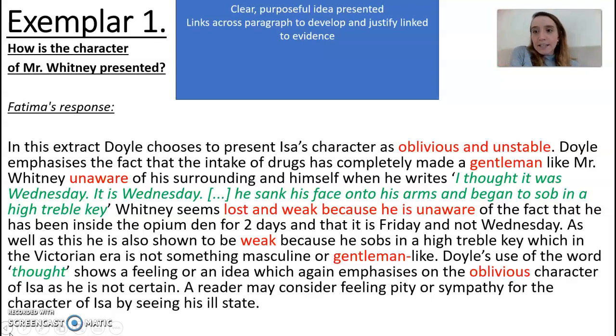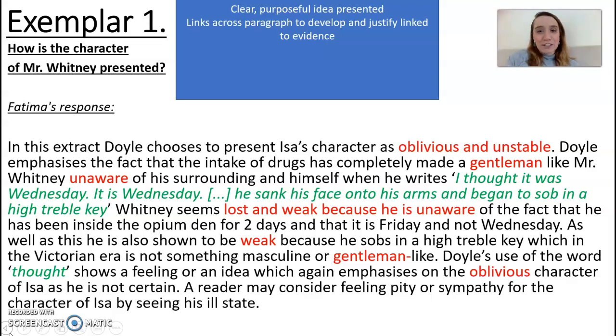So she starts by saying he's oblivious and unstable. Oblivious is like you're kind of unaware. And then she refers to being unaware, lost, weak, unaware, weak, gentleman, oblivious. So can you see there's that real thread across her answer? She's not chucking in loads of ideas. She's really clearly fixing on one idea and she's developing it. And that's really difficult to do.